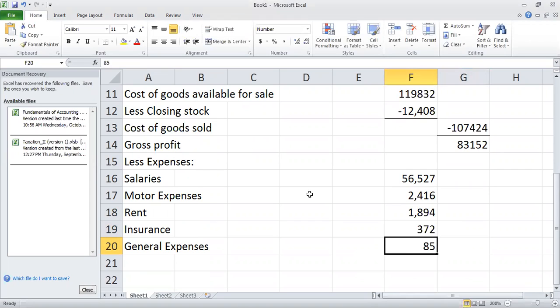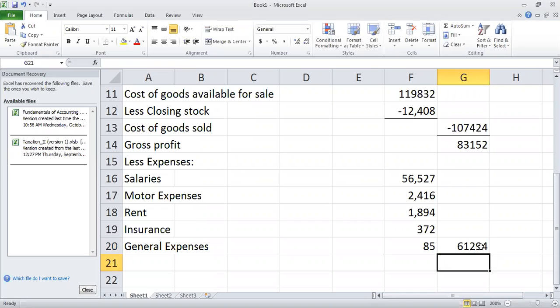You're going to add up all the expenses now. So you have 56,527 plus 2,416 plus 1,894 plus 372 plus 85. And that would give you a figure of 61,294.